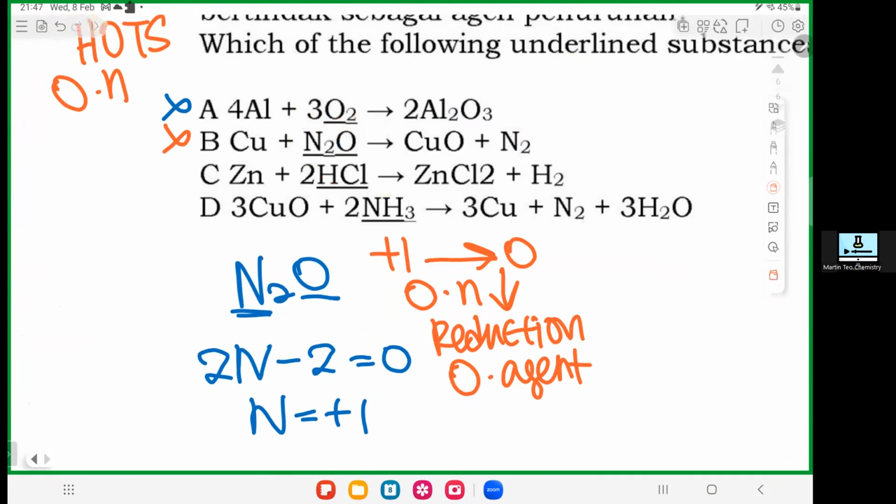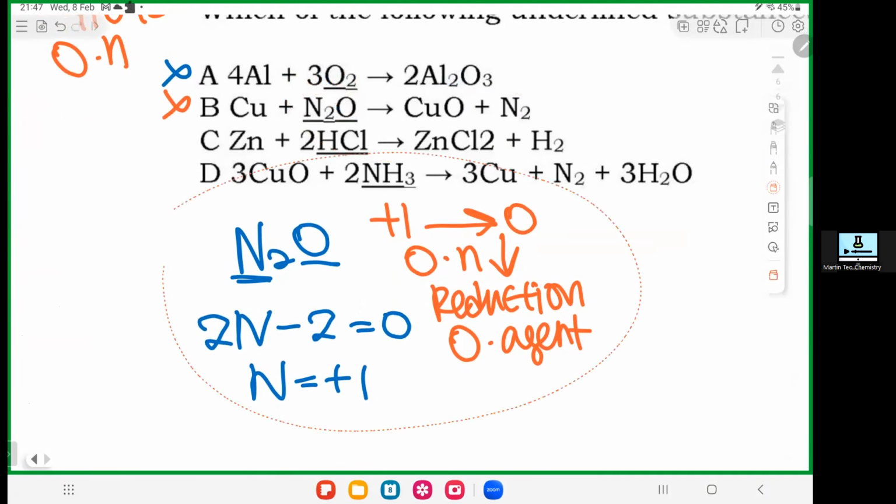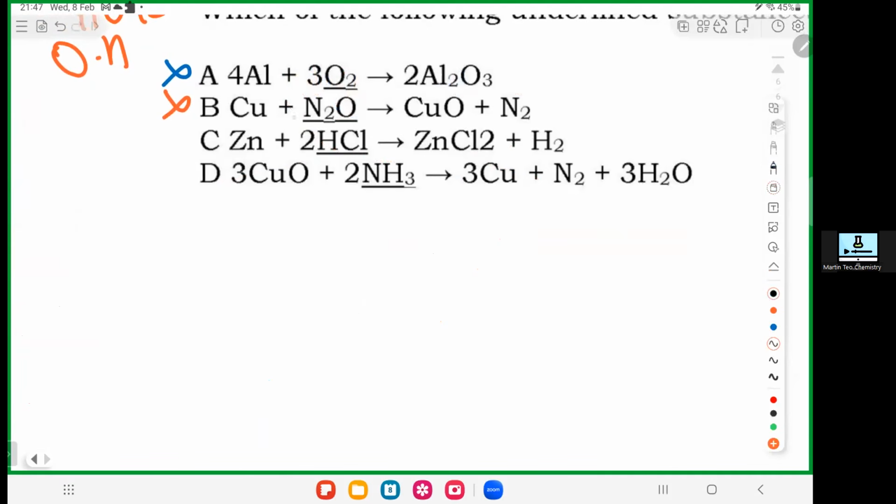Before answer C, some people ask, Mr. Martin, if I don't want to use the oxidation number method, can we use the oxygen method? Yes, you can. N2O on the left becomes N2.